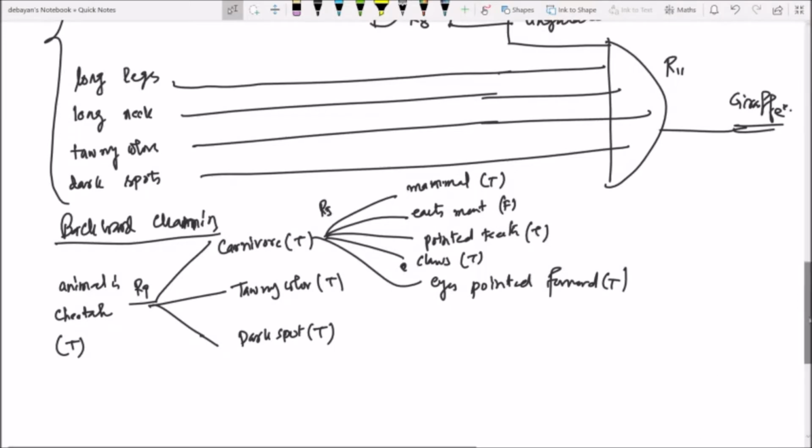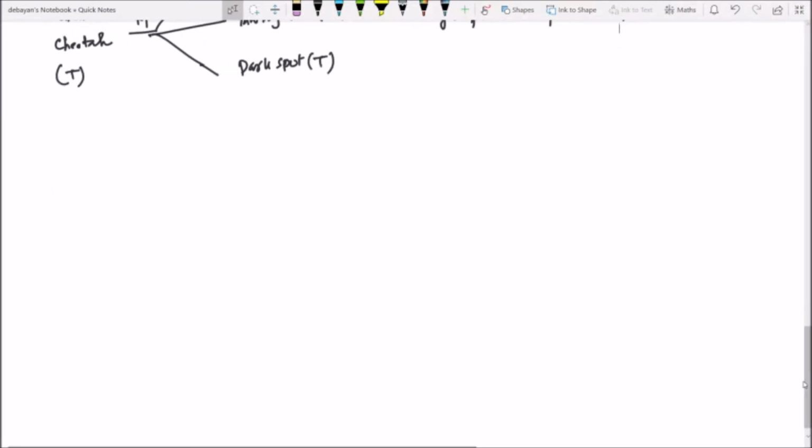There is another technique, called knowledge representation using semantic nets.